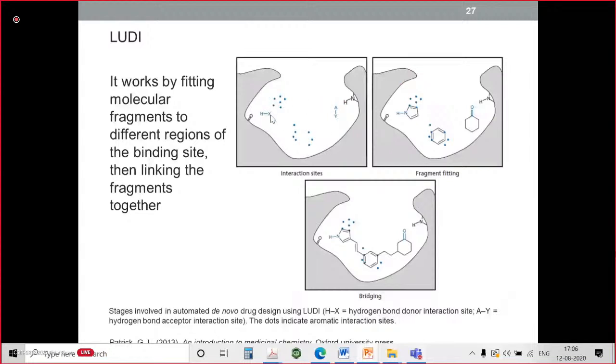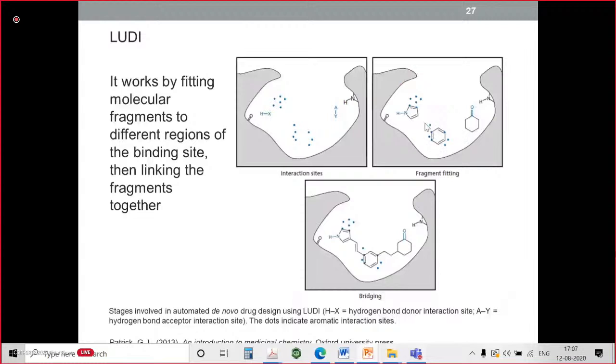So identifying the possible interactions at the binding site is the first part. Then we fit the fragment at the particular binding region of the binding site. If this is a hydrogen bond acceptor, then we have to put a molecule or fragment which has a hydrogen bond donor.